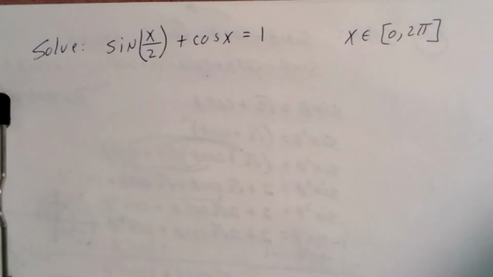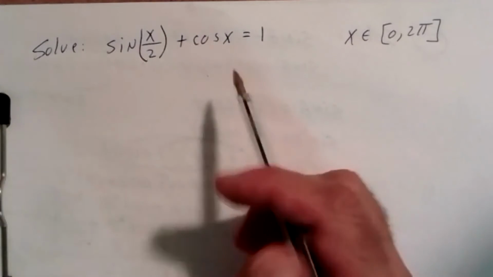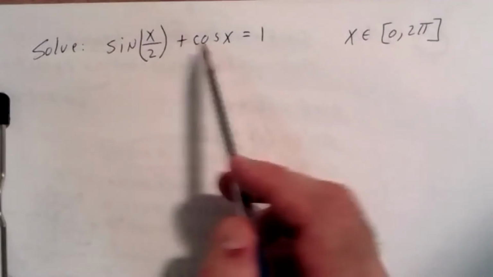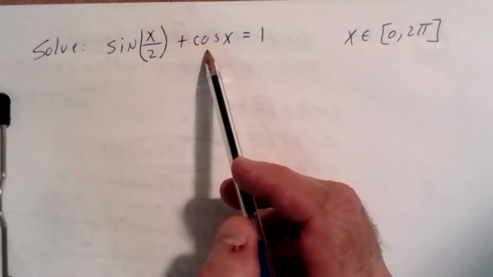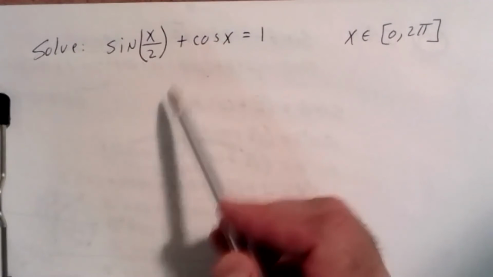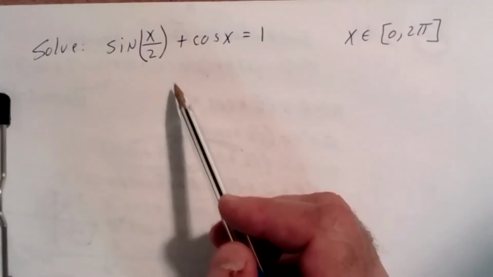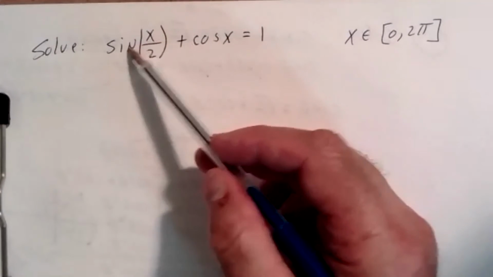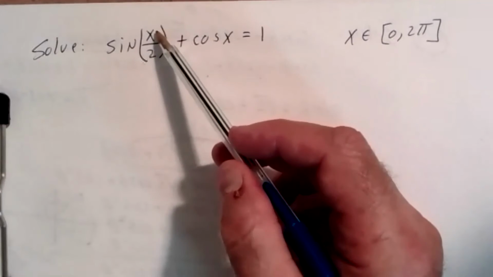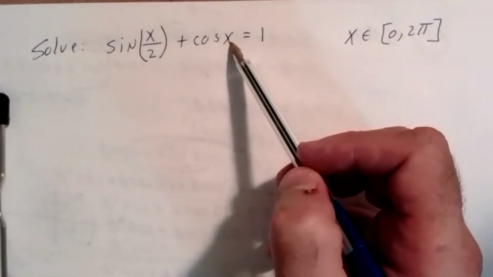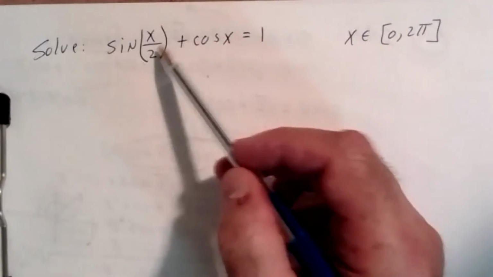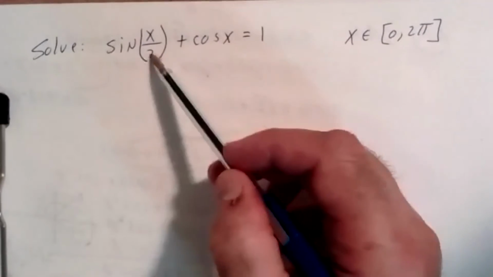Because you have sine and cosine x, and then you also have sine as a half angle. We have a lot of complications here. For one thing, we have two different types of trig functions in this equation, sine versus cosine. We usually like to get our equation down to only involving one trig function, if possible. Another major complication, probably more important, is that the argument of this sine function is not just x, it's x over 2. Here, the argument's just x. That's a huge hurdle to overcome. It's quite a barrier here.